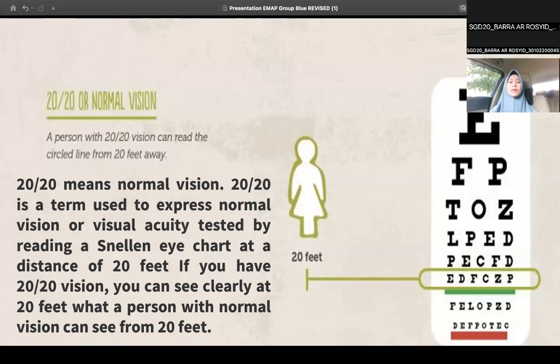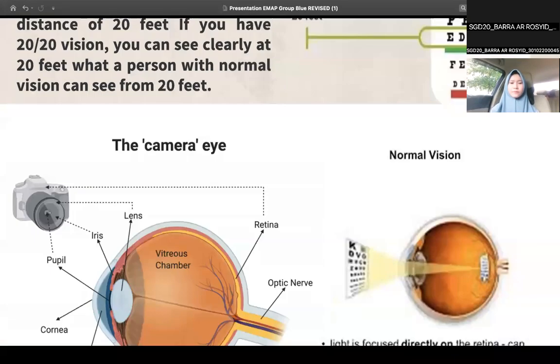This means that you can see something 20 feet away, like a line on an eye chart, that most people can see when they are 15 feet away, 20/15, or 10 feet away, 20/10. That's all I have to say about normal vision.